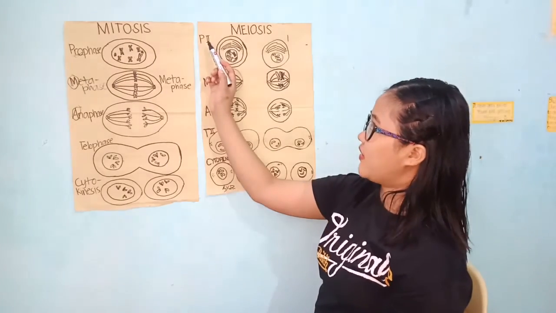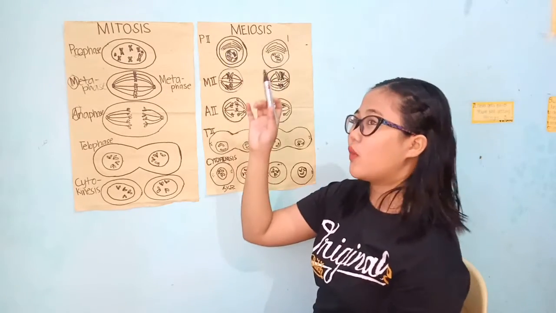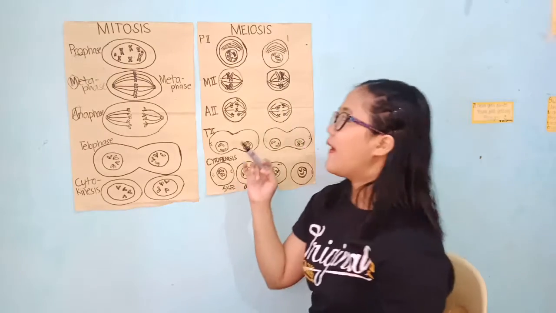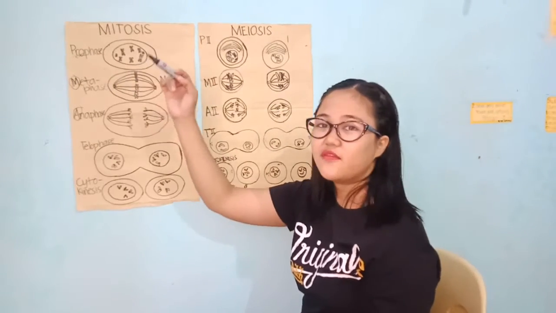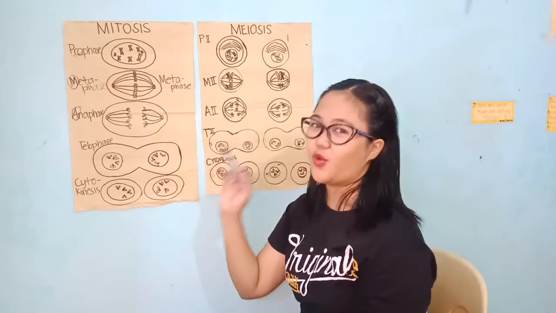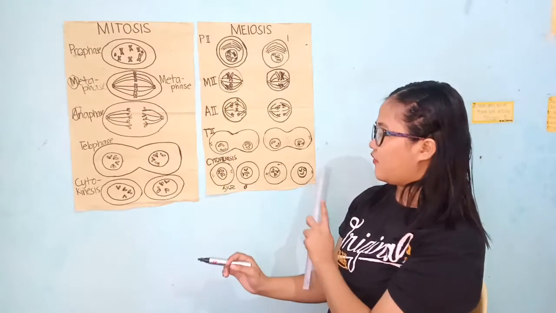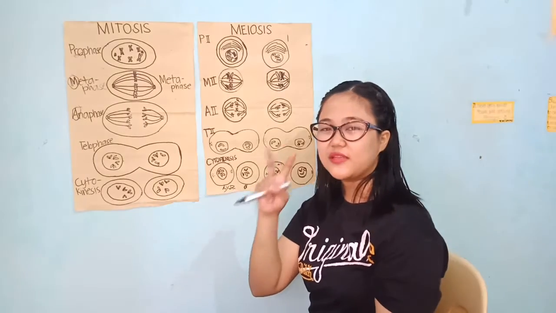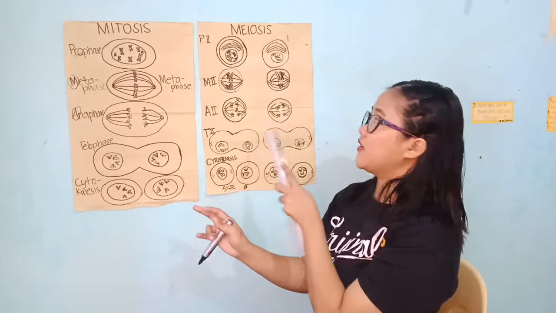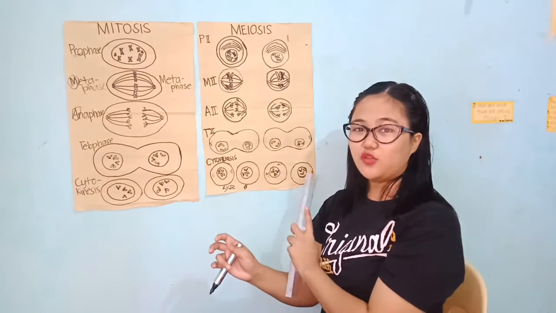So, phase 2 of meiosis is actually the same process as the phases of mitosis. So, it's 4. The difference between them is that mitosis divides the cell into only 2, while meiosis divides it into 4.